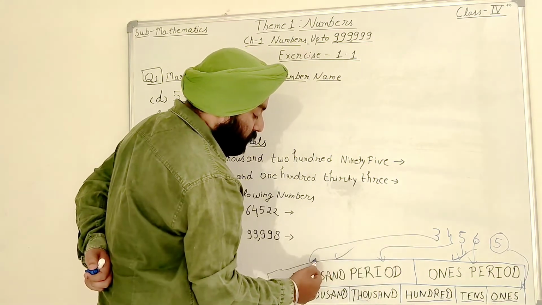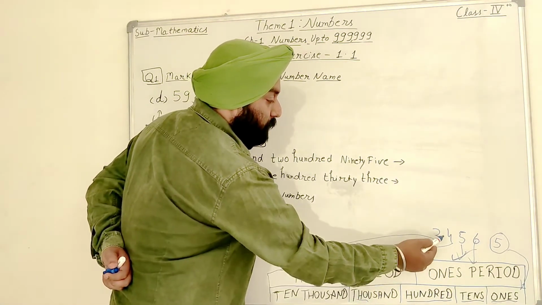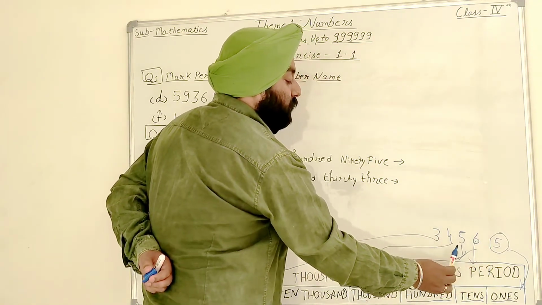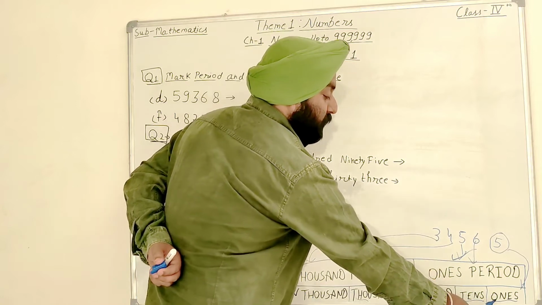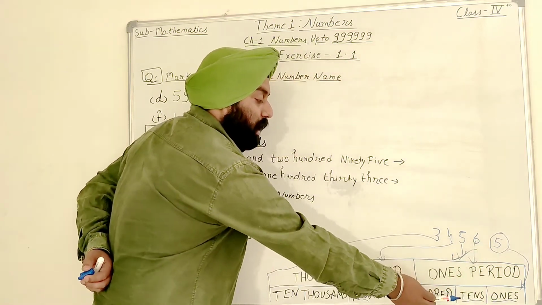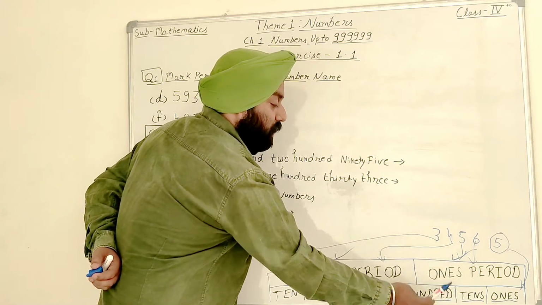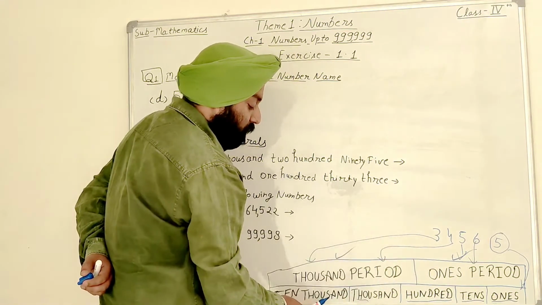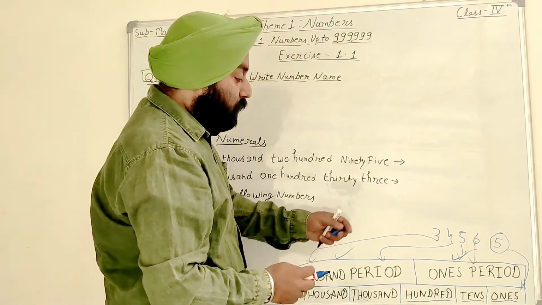So one, tens, hundred, thousand, 10,000. 5 is our ones, 6 is our tens, 5 is our hundred, 4 is our thousand, and 3 is our 10,000.